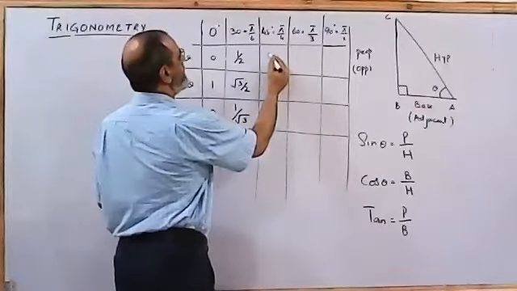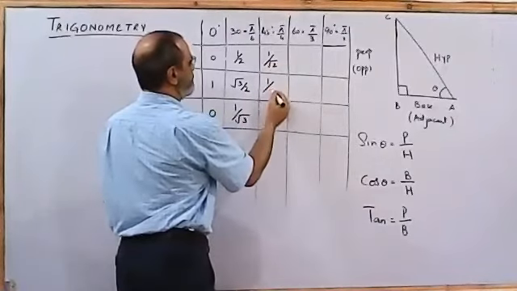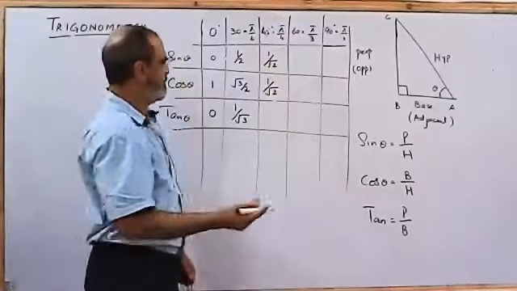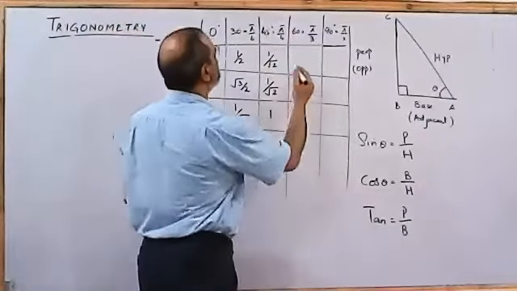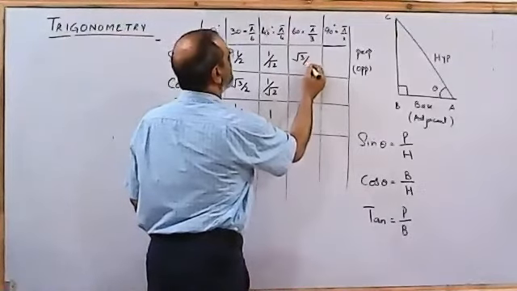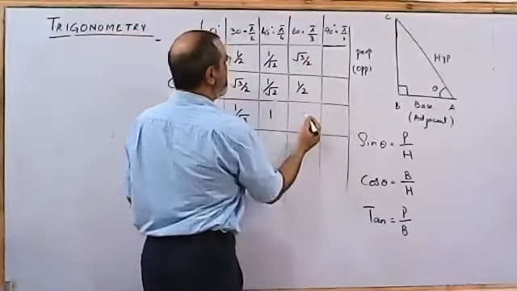45, sine 45 is 1 by root 2. Cos 45 is also 1 by root 2. And if we divide sine by cos, we get 1. Sine 60, cos 60, and tan 60.